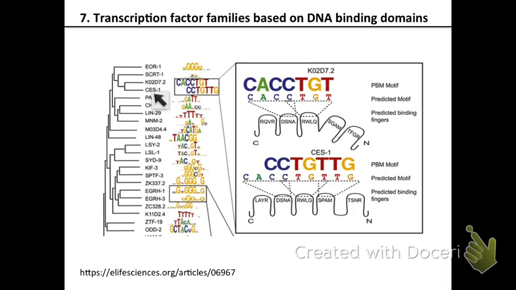For example, in this case, CES1 and K02D7.2, right? And the sequences that they bind are very similar. So they have zinc fingers that recognize these two sequences.